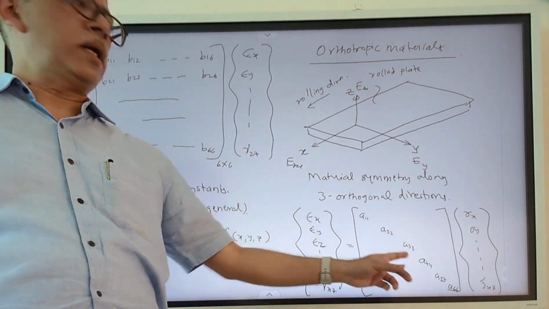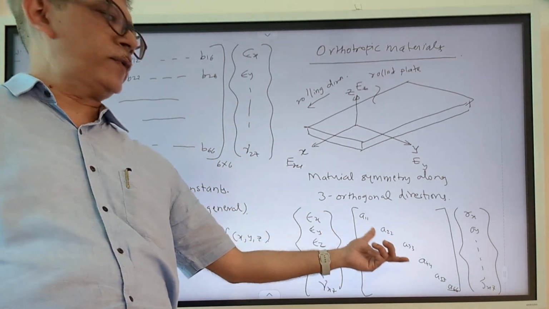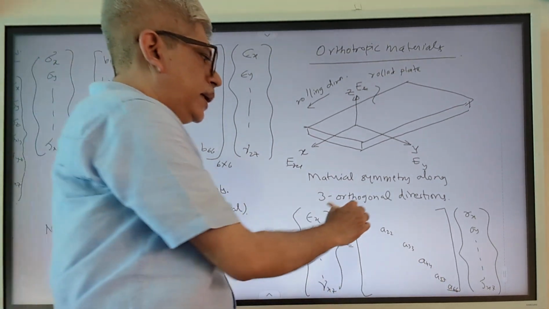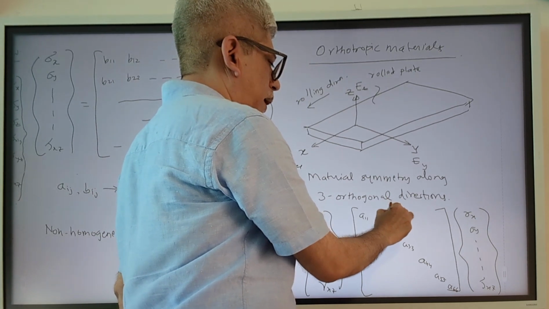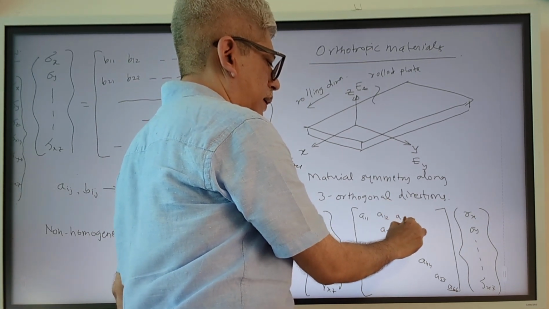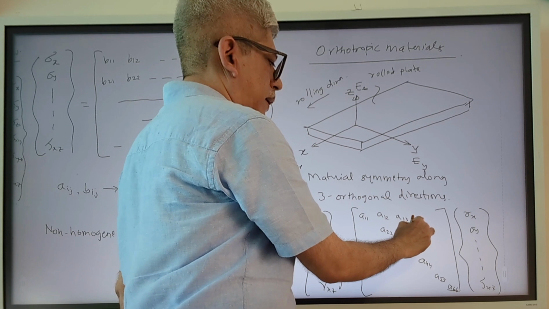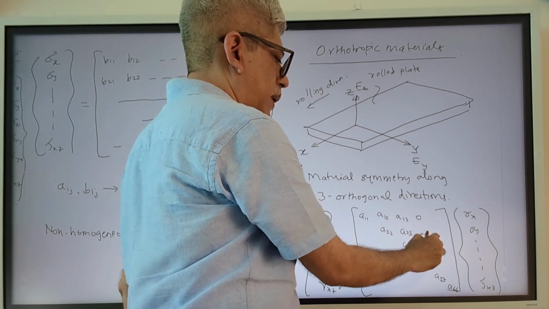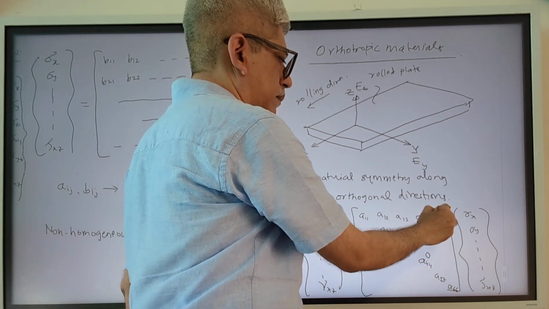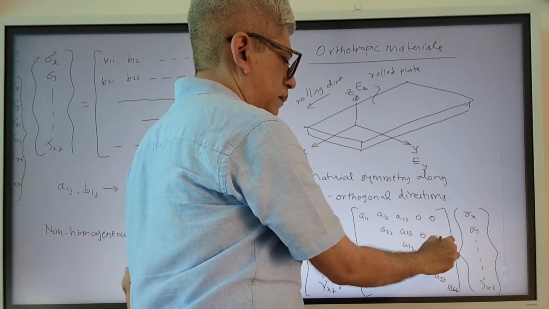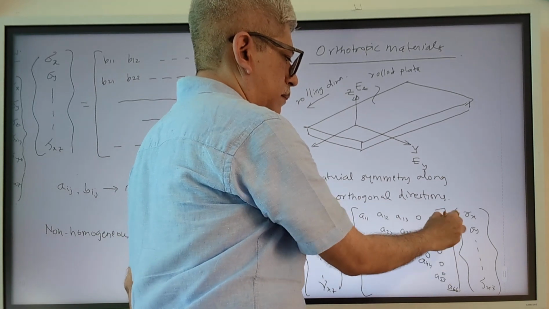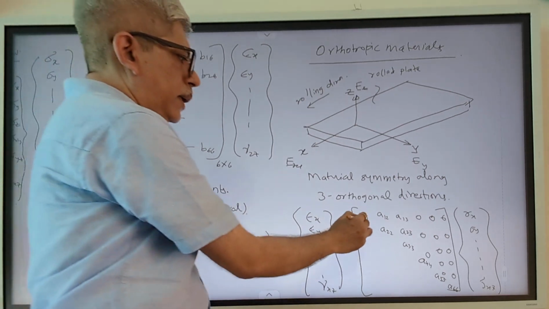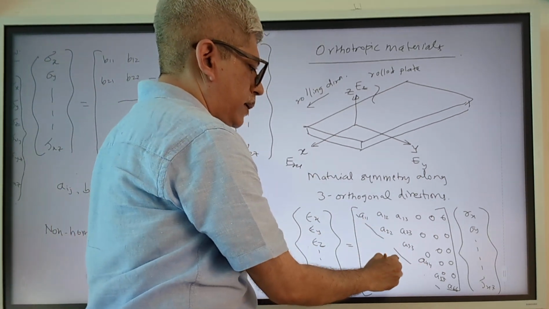There are 6 diagonal terms. The first 3 correspond to the modulus of elasticity, the last 3 correspond to the modulus of rigidity. In addition to that, you will have A12, A13, A23, and all remaining terms are 0. And the rest part is symmetric.